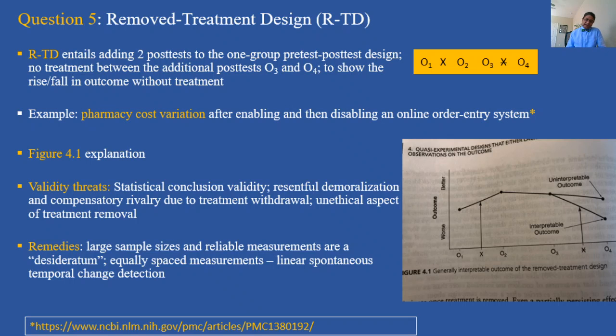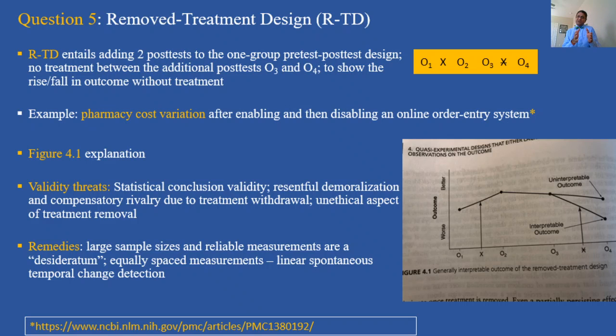So, what are the remedies to counter these threats that we saw? Large sample sizes and reliability in taking the four measurements, O1, O2, O3, O4, which have to be very reliable, with consistency and standardization in taking the measurements. Large sample sizes will help minimize the statistical conclusion validity threats that we saw.